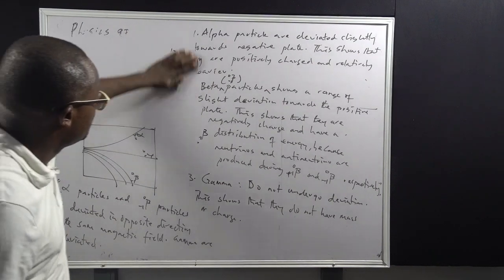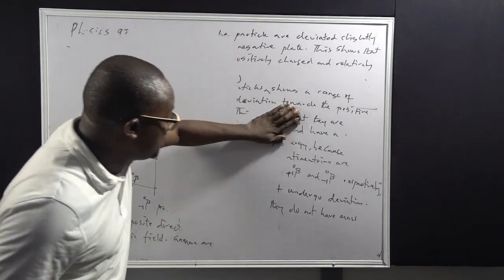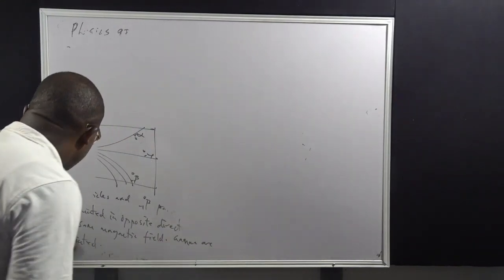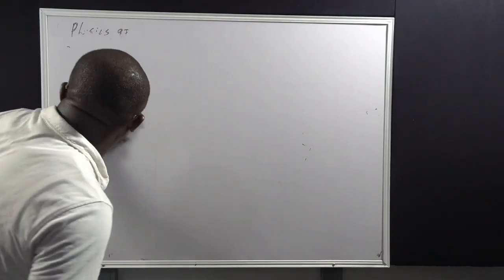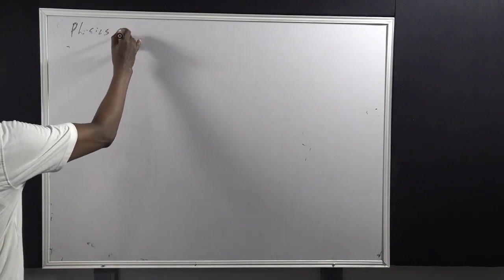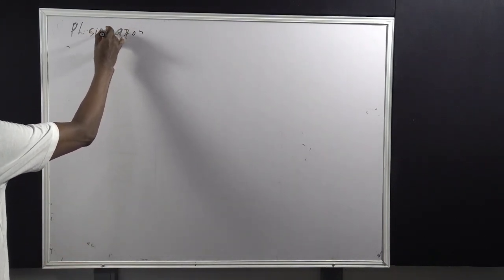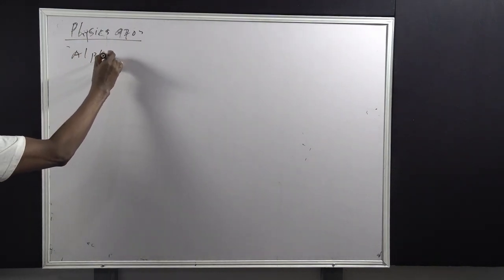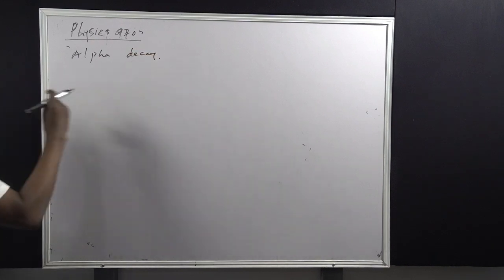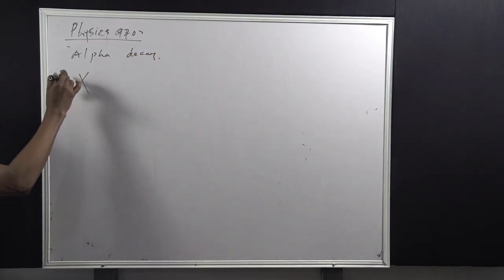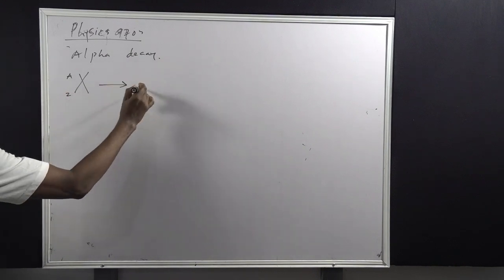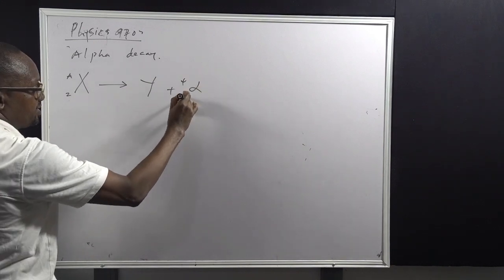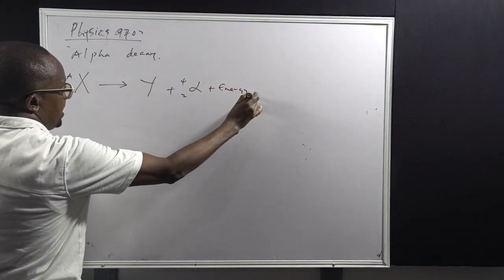So, let's look at alpha decay. Alpha decay means that a nucleus A Z decays into daughter nucleus Y with the emission of an alpha particle with the release of energy.